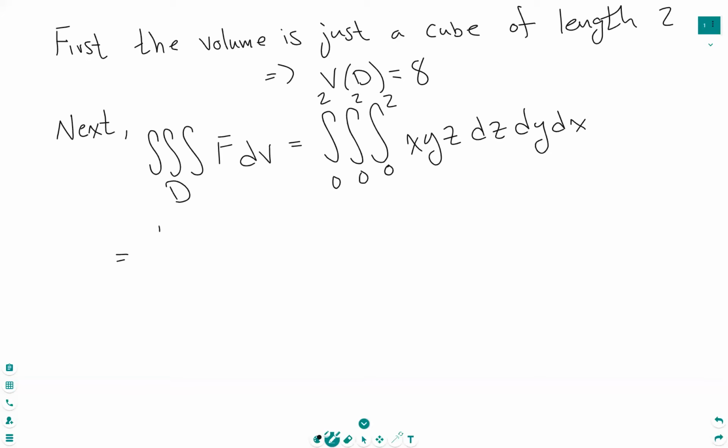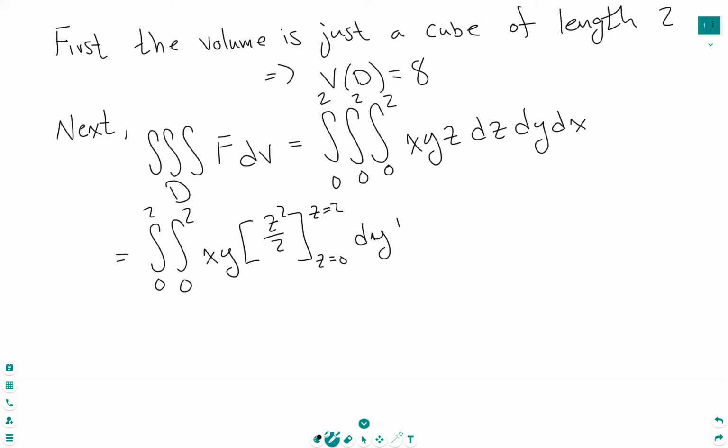This is equal to our double integral, both from 0 to 2, of x times y times z squared over 2, where z is equal to 0 and z is equal to 2, dy dx.